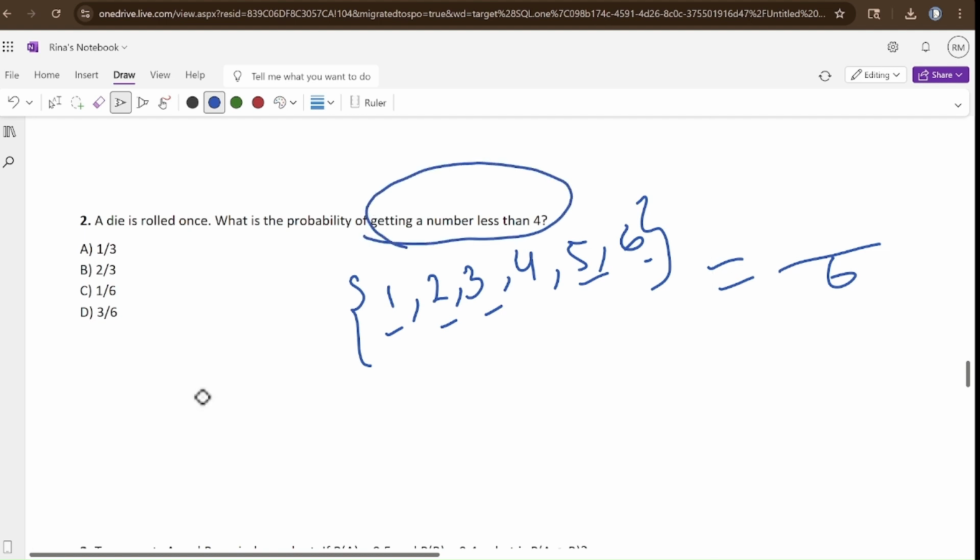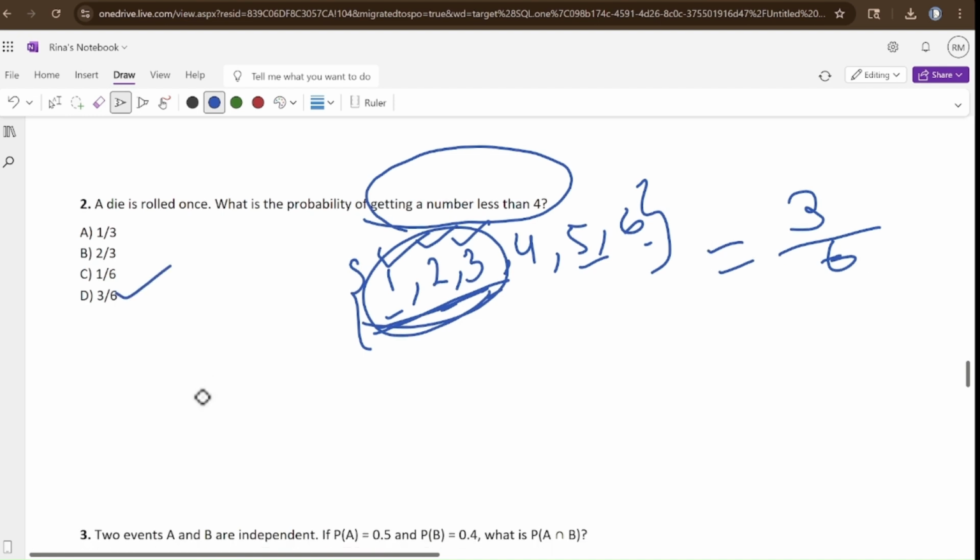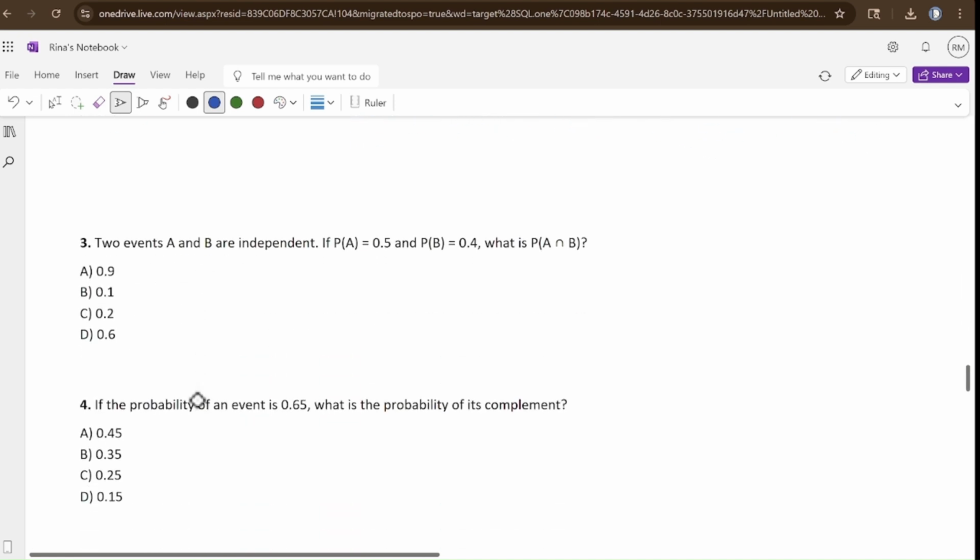So your favorable outcome is 3 or 2 or 1. So total 3. Any one from this is your favorable outcome and that will be on the top. So total number of favorable outcomes divided by total outcomes, that is 3 by 6. Clear? This is how you calculate probability or chances of occurring any event.